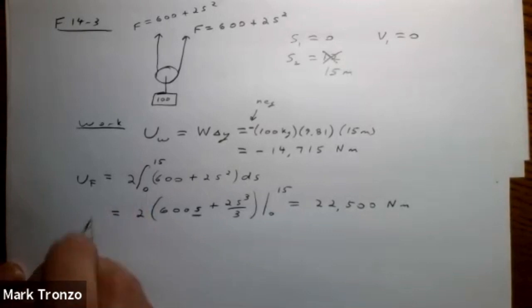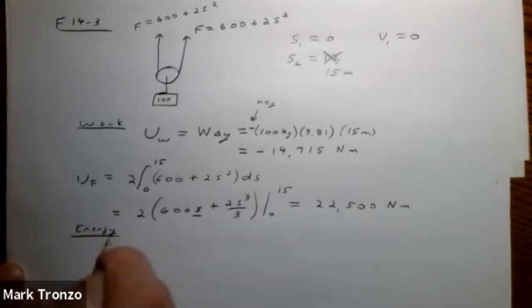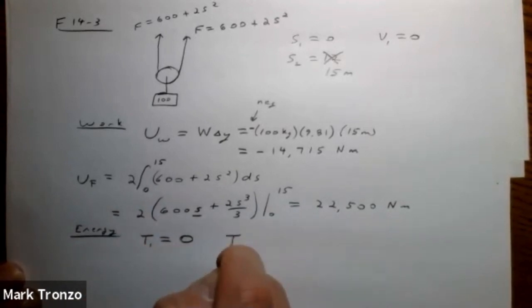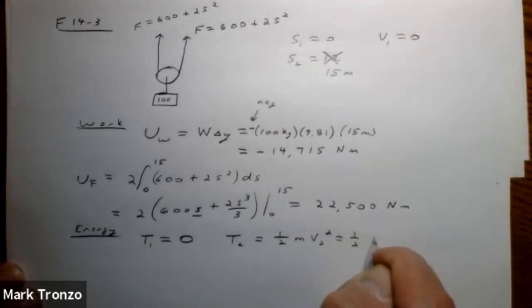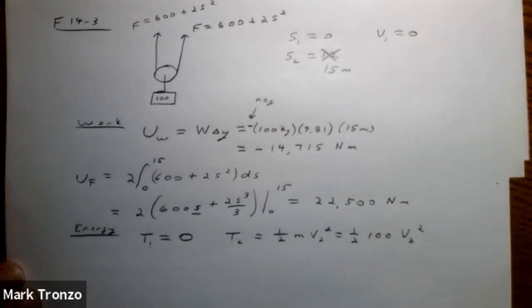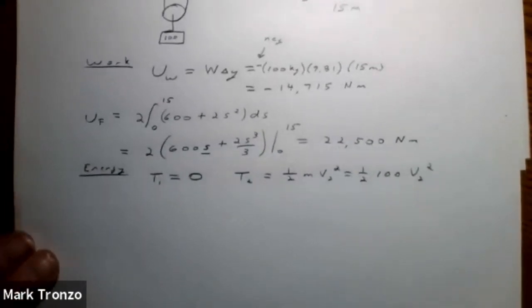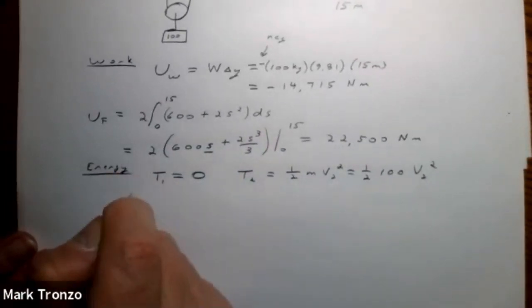And once again, the initial kinetic energy, the first one's going to be 0 because velocity is 0. T2 is going to be 1/2 m v2 squared, which is 1/2 times 100 v2 squared. Then put them into your formula.